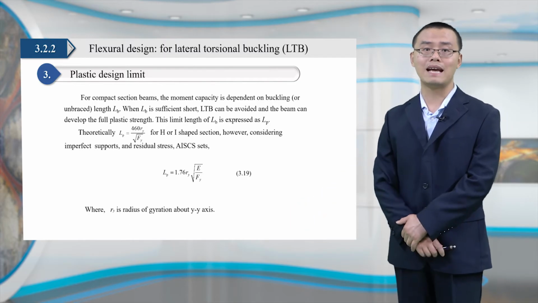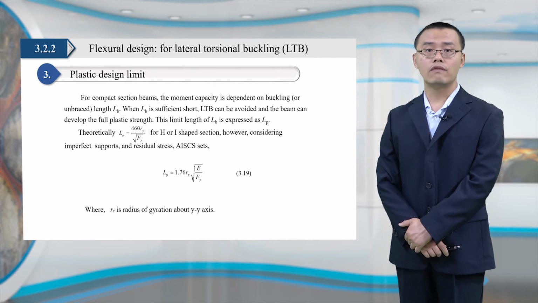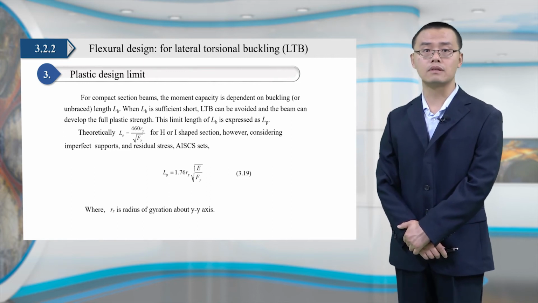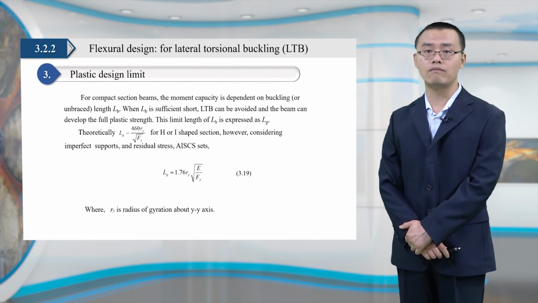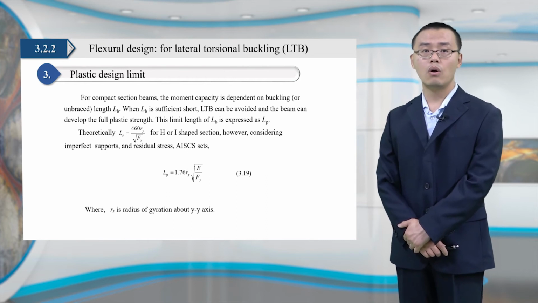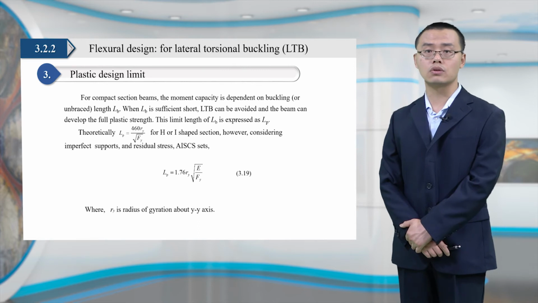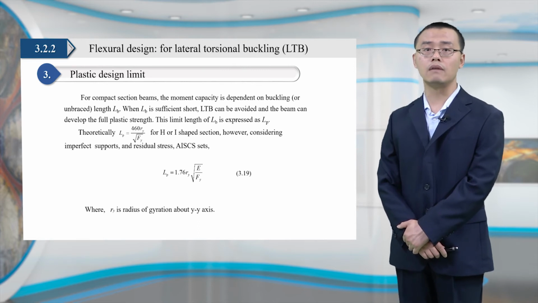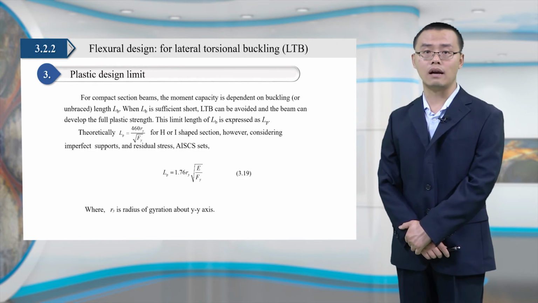Now, here is the plastic design limit. For compact section beams, the moment capacity is dependent on the buckling or unbraced length L_B. When L_B is sufficiently short, LTB can be avoided and the beam can develop the full plastic strength. This limit length of L_B is expressed as L_P.